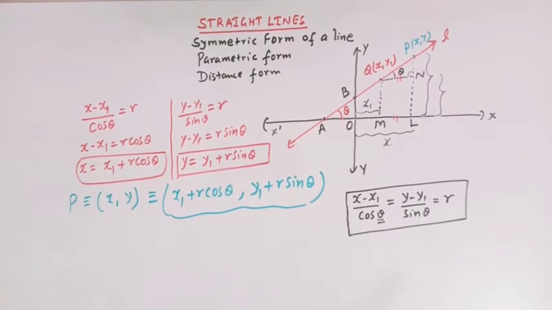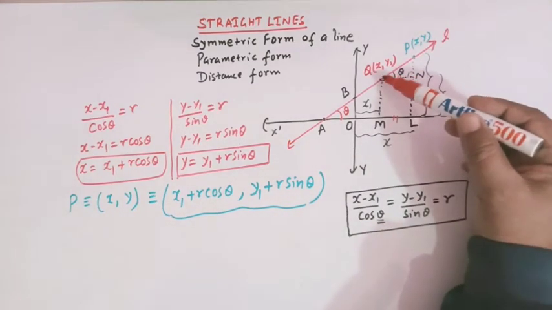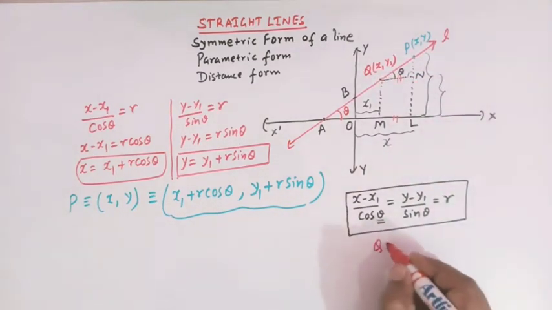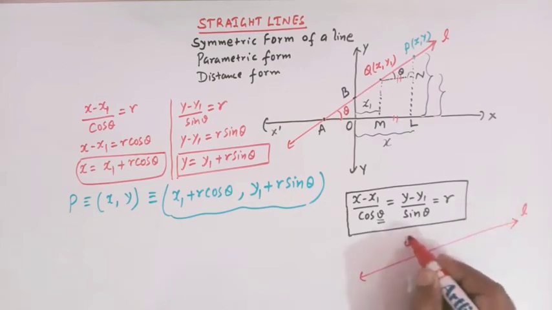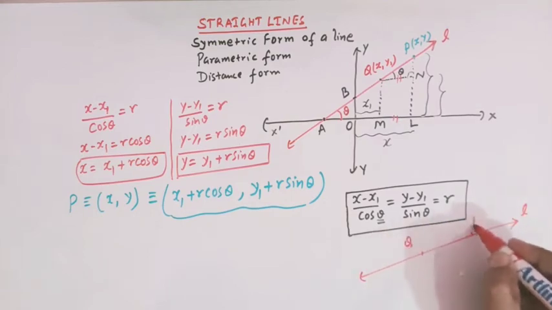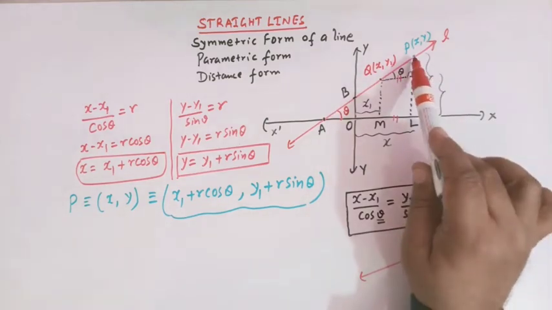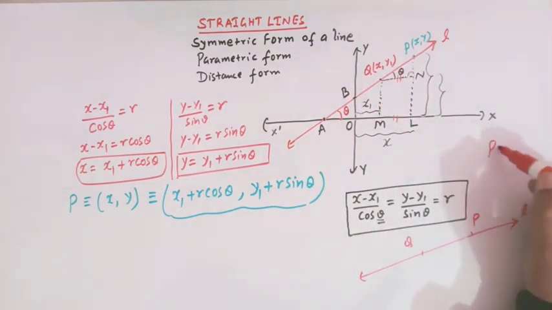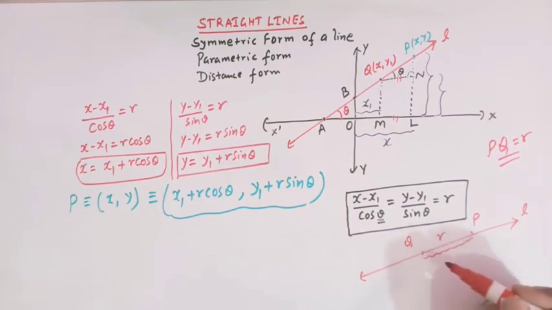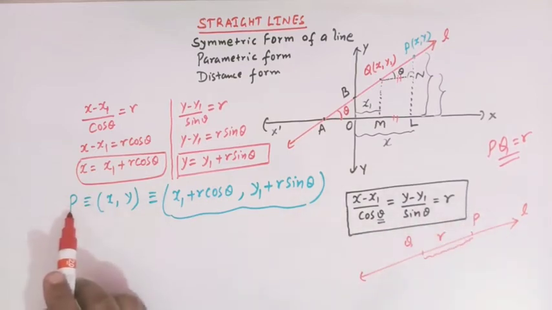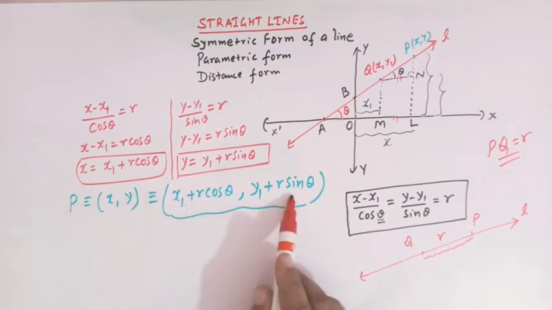So now let us make another observation. Here we have this point Q. We can draw this line L like this, and here we have Q, and here we have P. In the beginning we assumed that PQ is equal to r, so this distance is r, and the coordinates of point P are given by these coordinates.